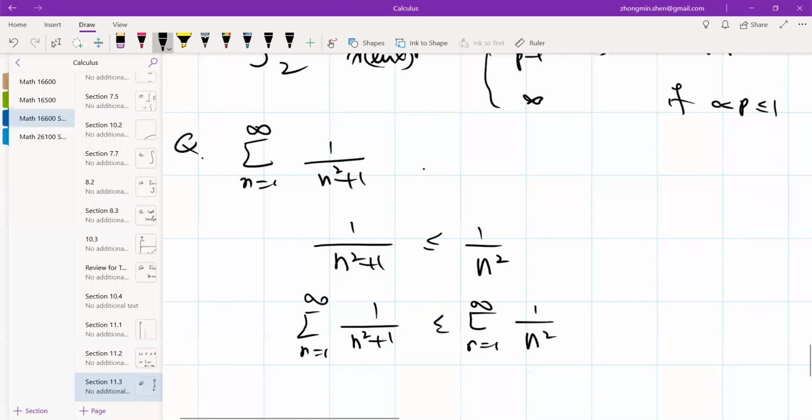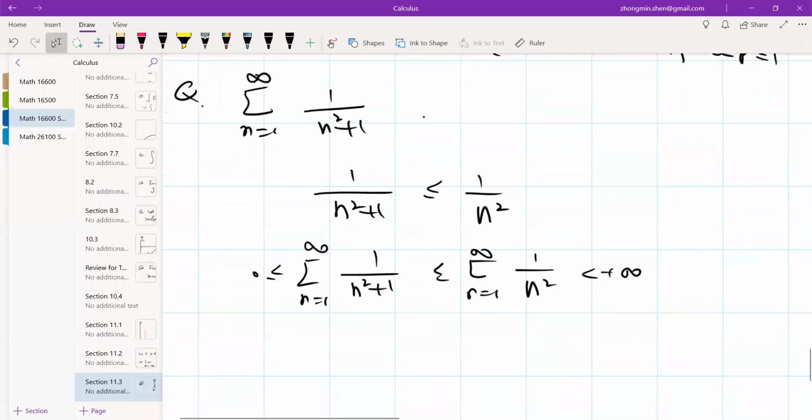And I know this is finite, and this is greater than 0, right? This is finite. So that clearly indicates this is convergent. So that implies, but this is a method that we are going to learn later. Yeah, this is convergent.